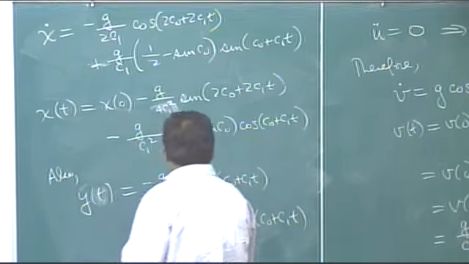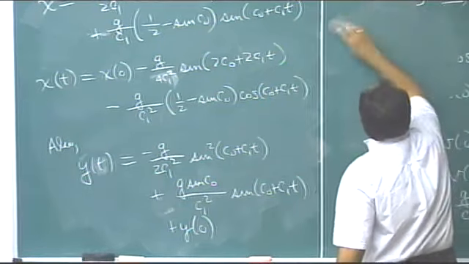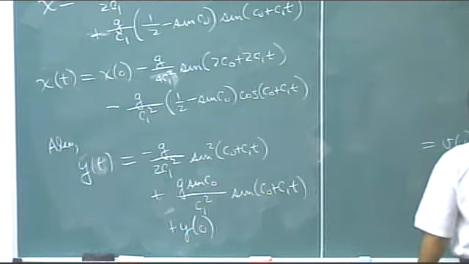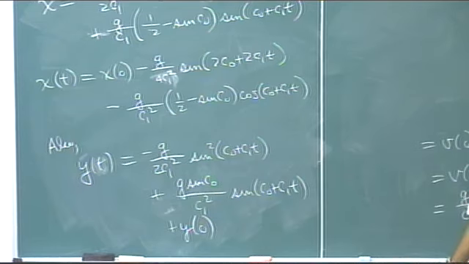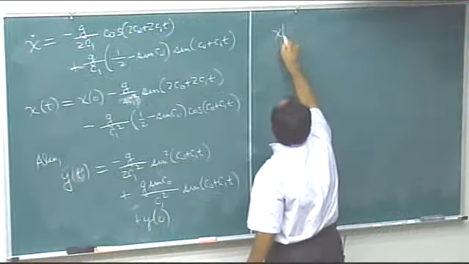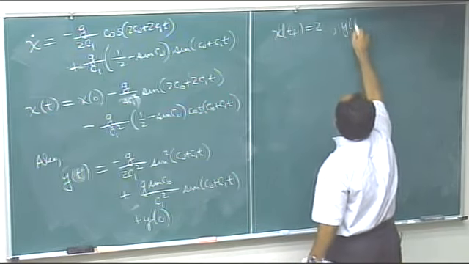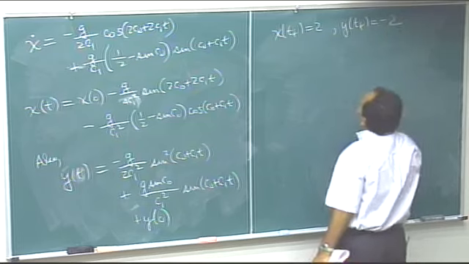So now you've got two expressions that this whole thing reduces to an algebraic expression at TF. I can apply the boundary conditions at TF without any failure at all. I know that x at TF is equal to 2, and I know that y at TF is equal to minus 2.